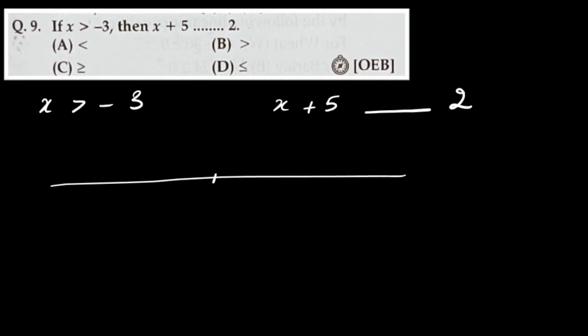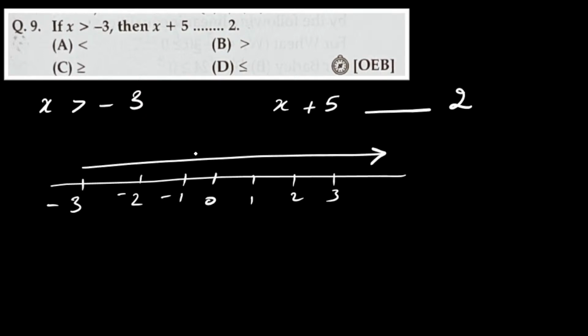If you see the number line again, so this is the number line, and x is greater than -3. So x is going towards the right side. That means x can have these possibilities, -2, -1, any value. Nothing else is mentioned here, so negative, positive, fraction, decimal, anything is possible.